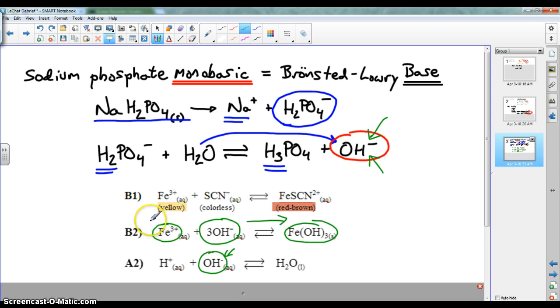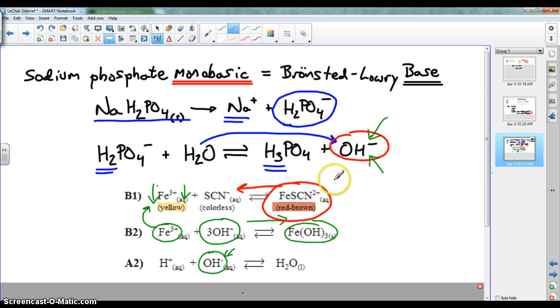Now that's really important for this top equilibrium right here. If it consumes iron, that means that this species in the very top equilibrium is decreasing. What is this top equilibrium going to do to shift which direction? To compensate for that decrease in iron, it's going to shift to the left, away from the colored species, the red-brown species, which is consumed.